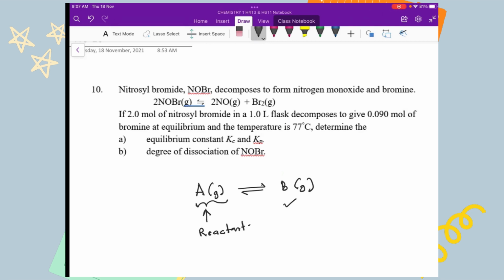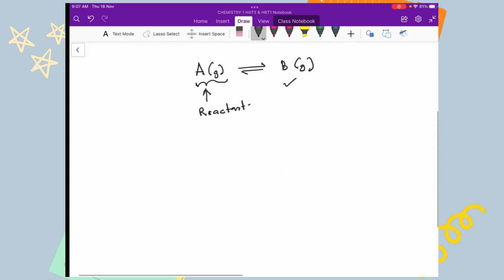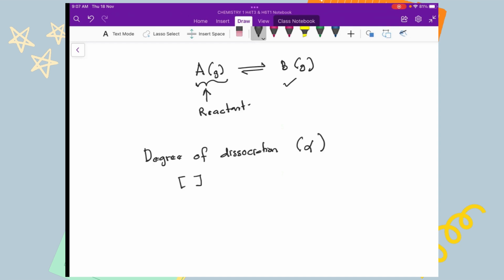Alright. So the degree of dissociation can be expressed in two ways. The first one, we call it the degree of dissociation. The symbol is alpha, and the formula is the concentration change, or dissociated, over the concentration initial.